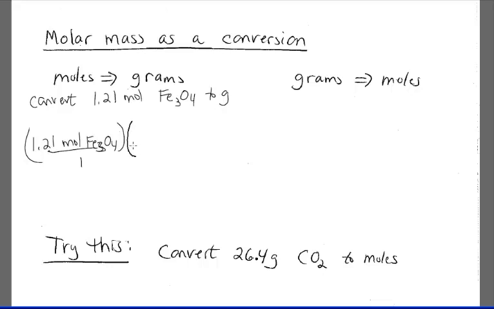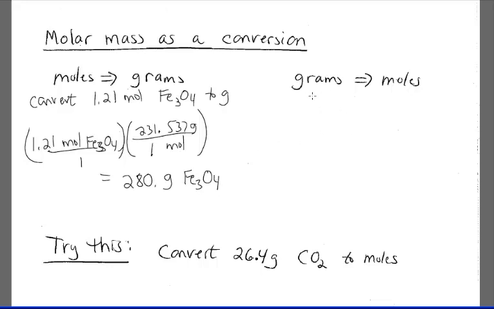Use the conversion factor so that moles are on the bottom, and that would be 231.537 grams over 1 mole. And do the multiplication, you should get 280 grams of iron 2,3 oxide.